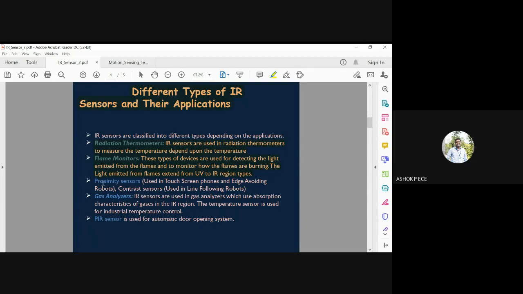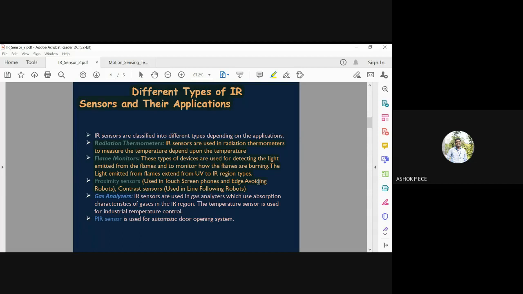Next one is the proximity sensor, used in touchscreen phones and edge avoiding robots. Proximity means nearby, so you can detect whoever is nearby using infrared radiation, mainly with contrast sensors used in line following robots. A line following robot will follow a black line.